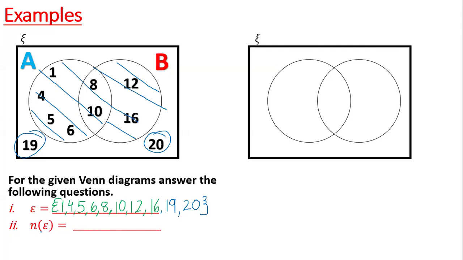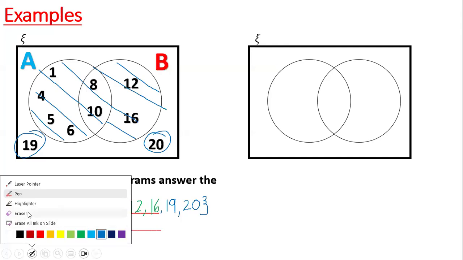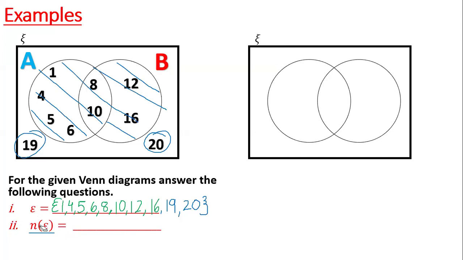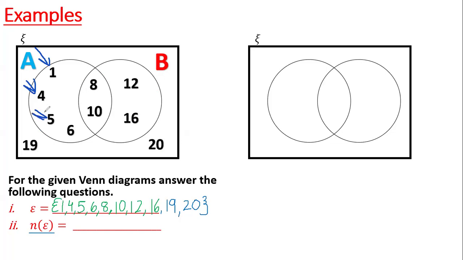So the next question is, what is the number of elements in the universal set? How many? 10. 8? Okay, let's count. 1, 2, 3, 4, 5, 6, 7, 8, 9, and 10.